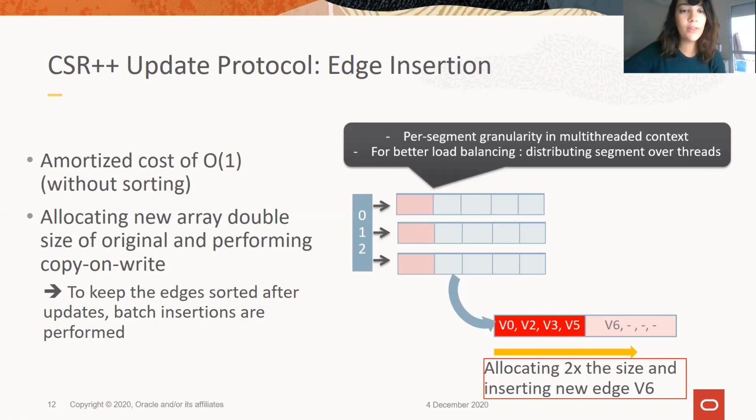Basically, CSR++ is a concurrent data structure. We protect each segment with locks.